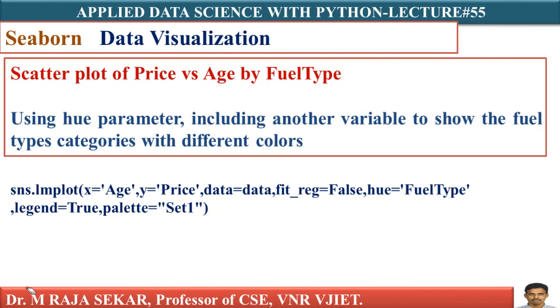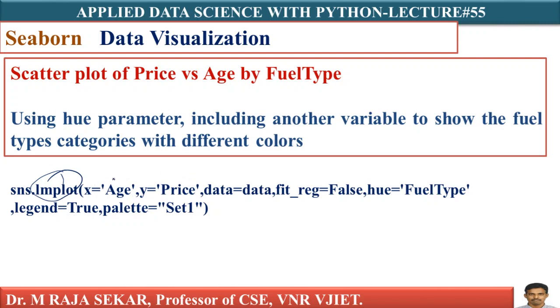Just see, this particular function is known as sns.lmplot, from the Seaborn library. lmplot is a function which combines regression; I will discuss lmplot later. For the time being, just understand this function is useful to keep hue, legend and palette. We will try to understand what they are.